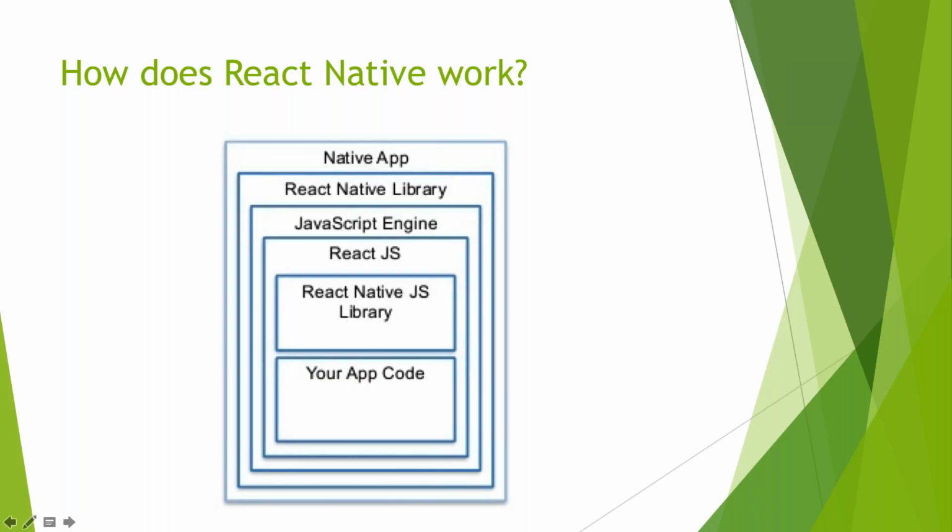Then you have a React Native library. Now this is very important because this is unique to React Native. Once it creates your JSX compiled version, your React Native library picks it up and understands for which component it needs to create what native component. I create a view, React Native library picks it up and understands, okay, since I am on an iPhone, I will create a UIView, which is the native view for iOS, right?